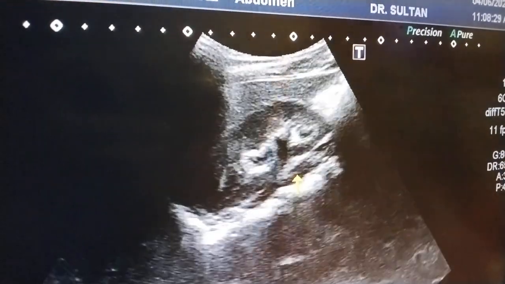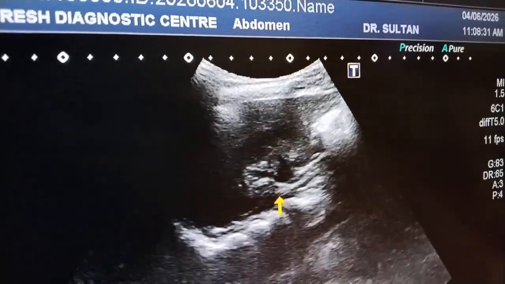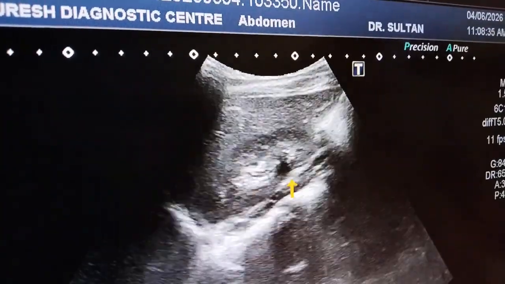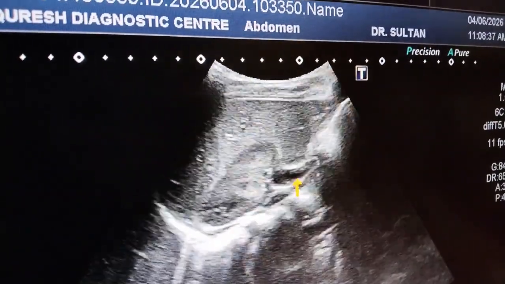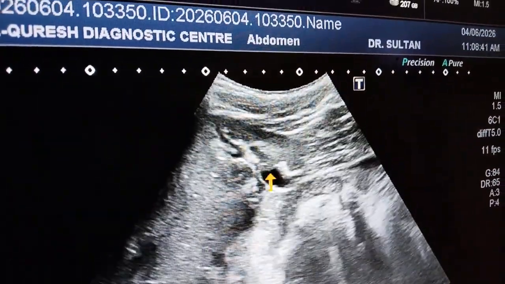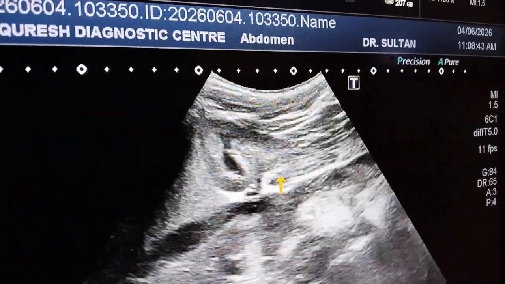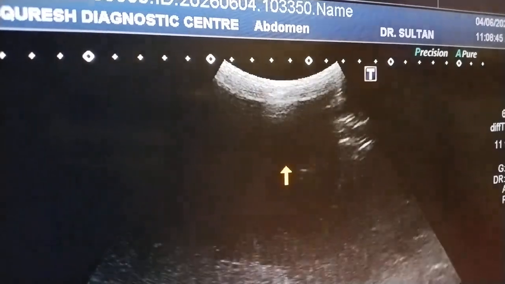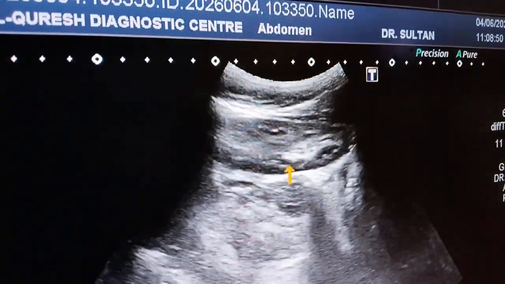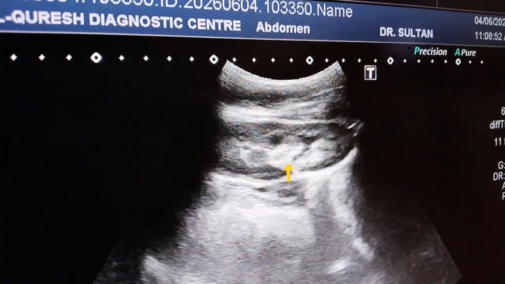But here we can appreciate the single collecting system. Look here, look here. And this is the other kidney, the other side. This seems to be normal.